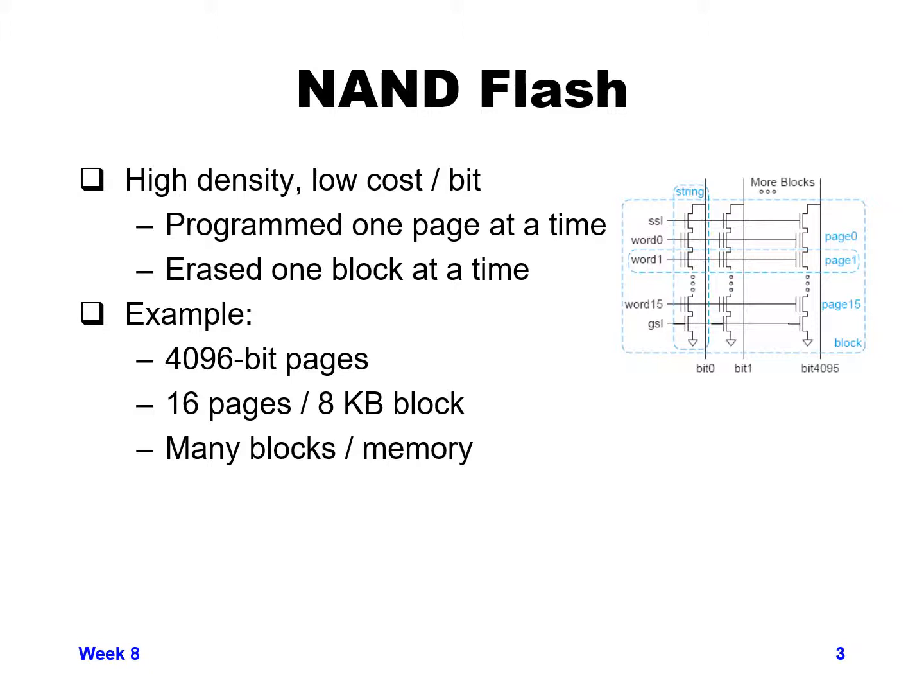One example they mention here is 4096-bit pages, 16 pages in an 8 kilobyte block, and then of course you have many blocks in a given memory. Again, go into the book to read through the details of actually programming and using NAND flash memory.